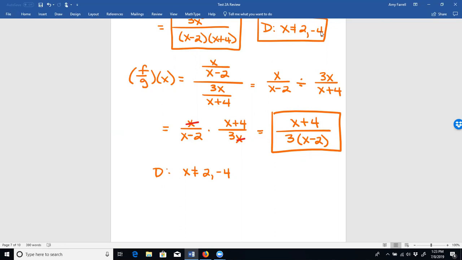But we also need to figure out where g of x is equal to 0, because we're dividing by g, and you can't divide by 0. It's undefined. So we've got to figure out where g of x would be 0.